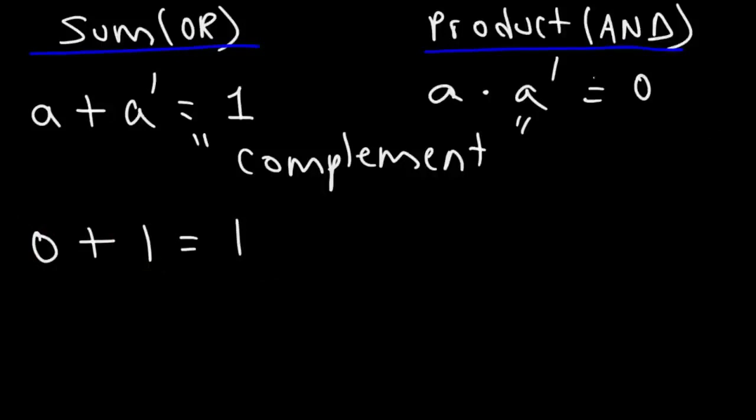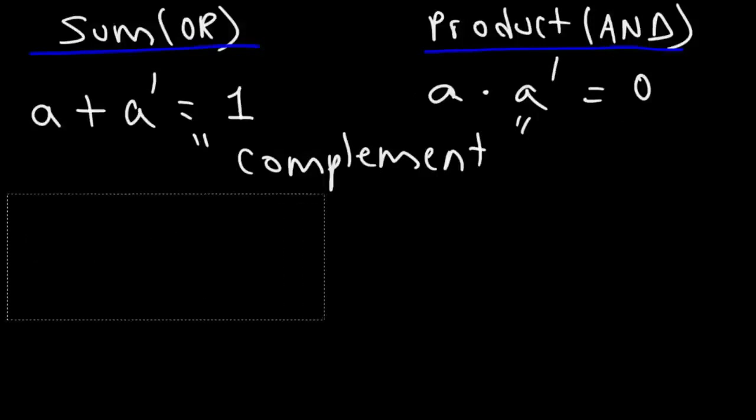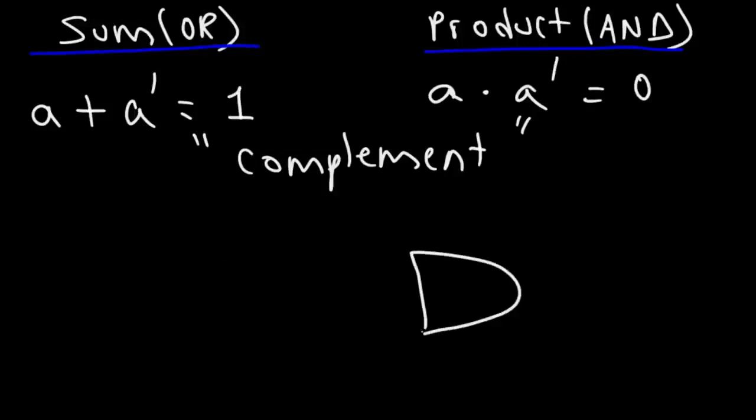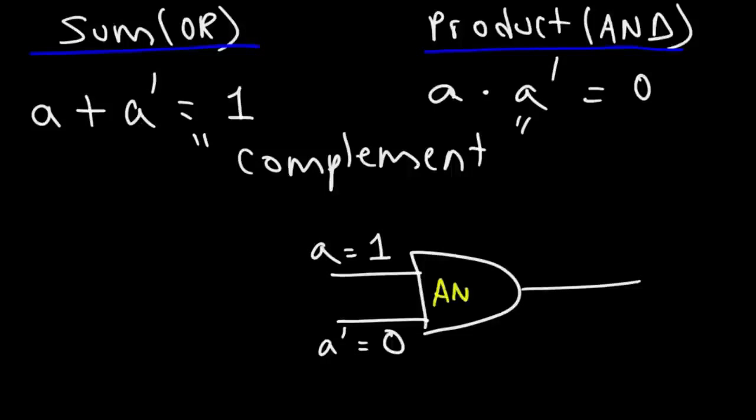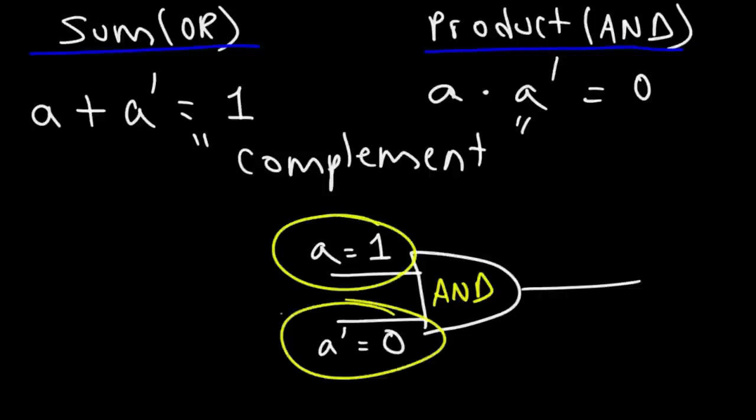Now, for this one, we're dealing with the AND gate. So let's draw that circuit. So let's say we'll call this A and A prime. So if A is on, that means the other one, A prime, will be off. Now, when dealing with the AND logic gate, the only way the output will be on is if both inputs, A and B, or in this case, A and A prime, are both on, because keyword AND.